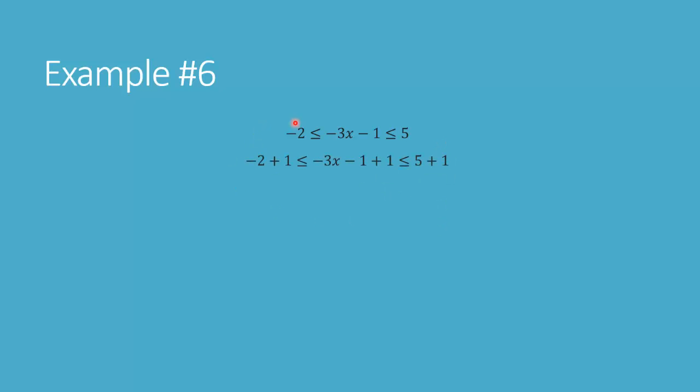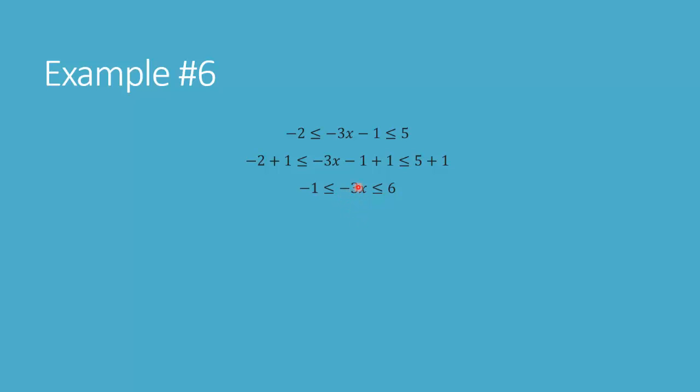So the first thing we're going to do is add 1 to all sides. So we add 1 here, add 1 to the middle, and add 1 to the outsides. That'll destroy these. And that leaves us with -1 less than or equal to -3x less than or equal to 6. So now we want x to be all by itself, so we're going to divide by -3.